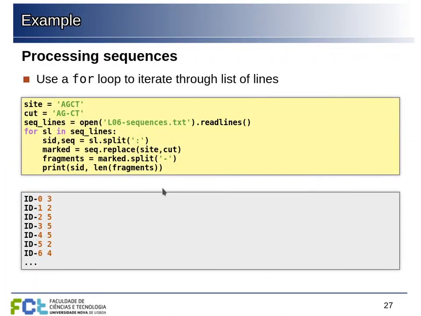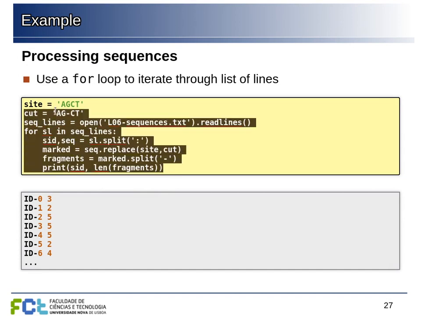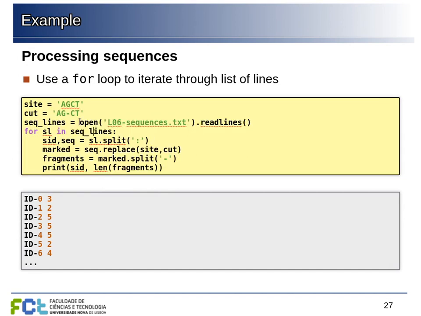You see, it's not a complex algorithm, but you see these different elements. We have strings, we have a list with all the lines in the file, we have a for loop to iterate through all of these lines, then we process those strings using split and replace here, and we print out the results. The results will be the identifier for each sequence, followed by the number of fragments we get after digestion.